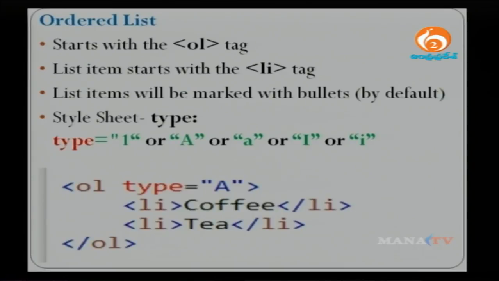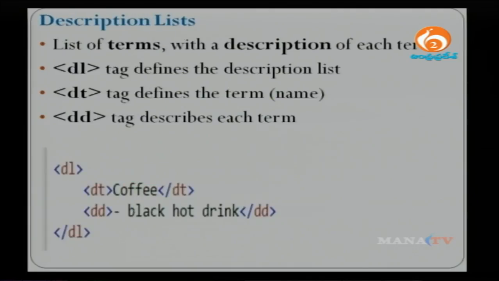By using the type attribute I can show them in a numbered way as well as an alphabetical way, smaller, bigger, as well as Roman type. Then I can use the type attribute to make alignments and show the list items in an ordered way. So, we will do some exercises after this list part.